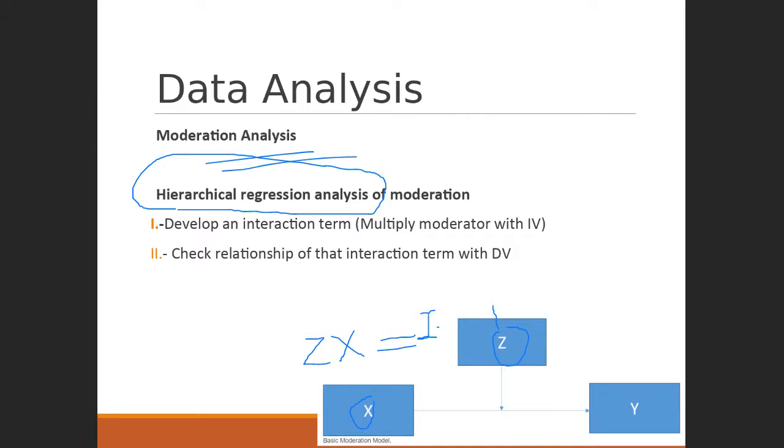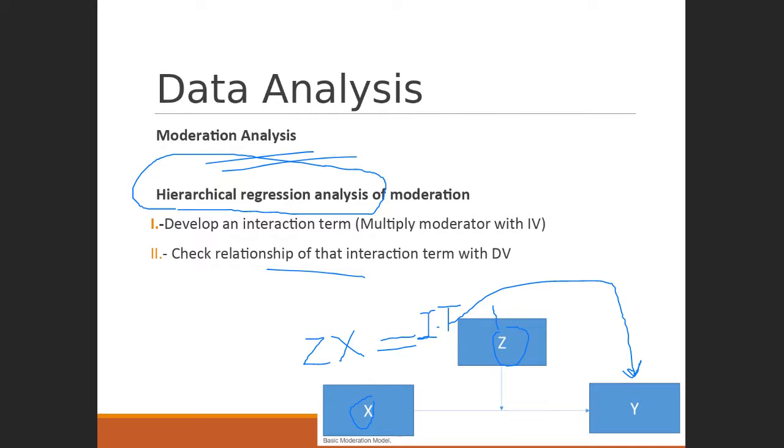A new variable is created. Then in the second step, this interaction term is related with your DV. This is moderation, and if this result is significant, if its value is below 0.05, then we say that moderation is occurring. If that is not significant, we say that moderation is not occurring.